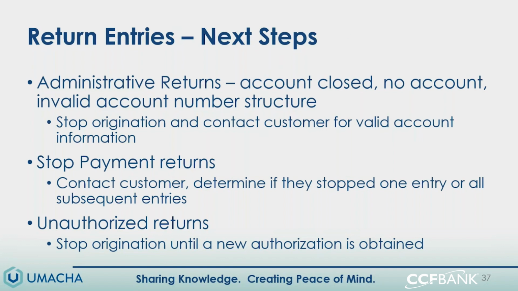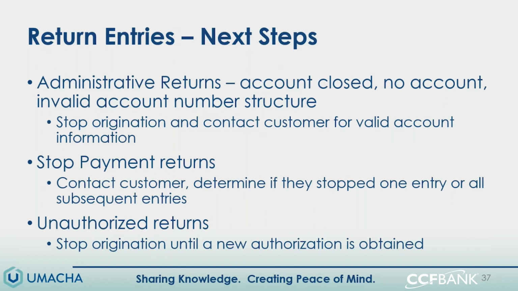So if we have return entries that are administrative, so things like account closed, no account, or invalid account structure, those type of things, you'll want to stop originating for that particular customer or client and contact them for valid account information. So maybe their account was closed because they had some fraud and they needed to reopen a new account, or maybe they changed financial institutions and you need to get a new authorization from them.